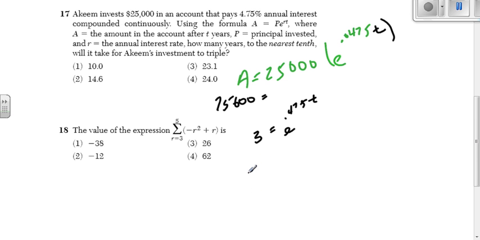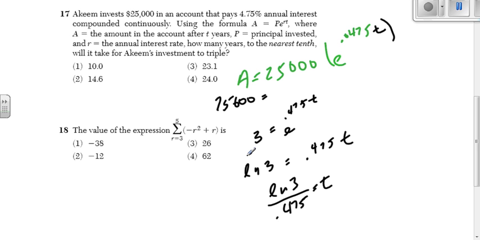Get rid of the e's by ln'ing each side. So ln of 3 is equal to 0.0475t. Divide ln of 3 by 0.0475 is equal to t, which we should get 23.1. Good.